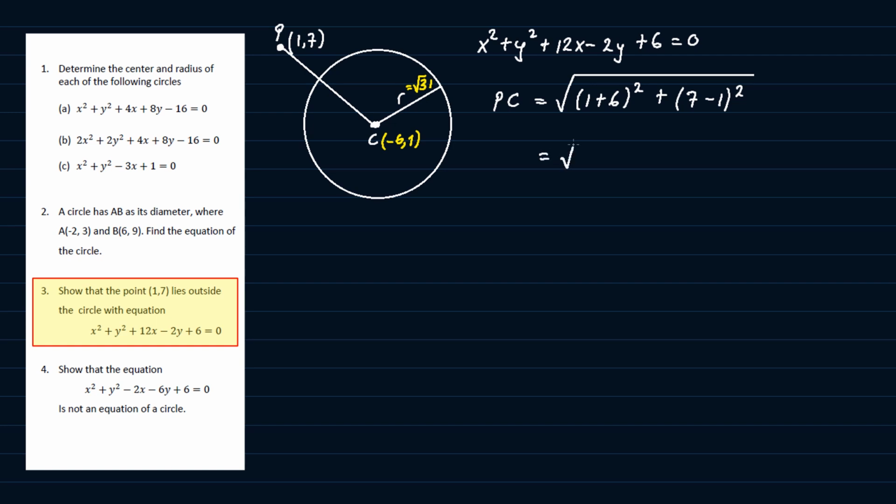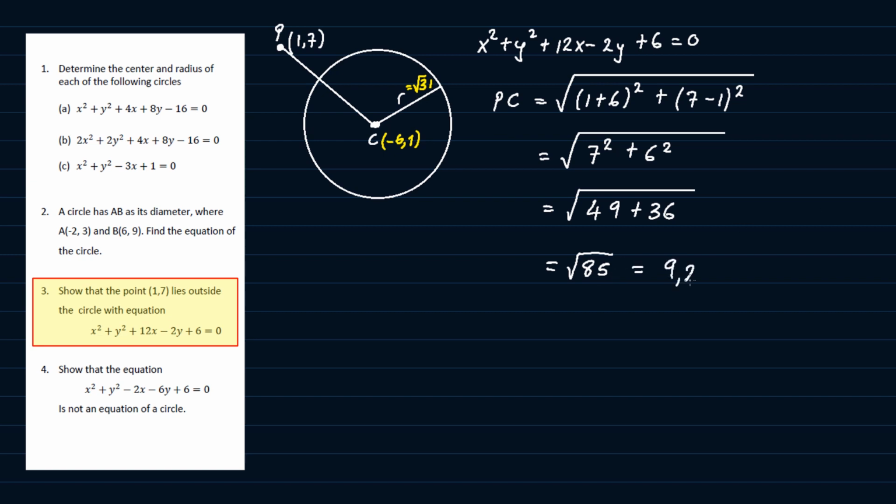So this is going to give us 1 plus 6, that's 7 squared, plus 7 minus 1, that's 6 squared. 7 squared is 49, 6 squared is 36. So we get the square root of 85, and the square root of 85 is 9.22 to 3 significant figures.